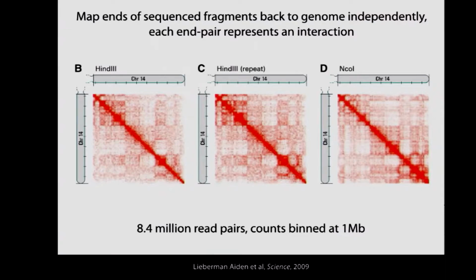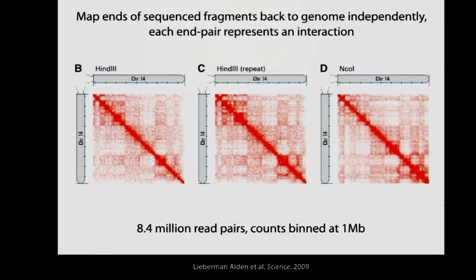And so the efficiency of this is fairly variable in terms of the number of useful reads you get out. But in this particular first experiment, this was only 8.4 million read pairs. And so what you're seeing here now is a heat map in which the rows and the columns are positions in the genome. And in this case, this is an arm of chromosome 14 against itself, right?